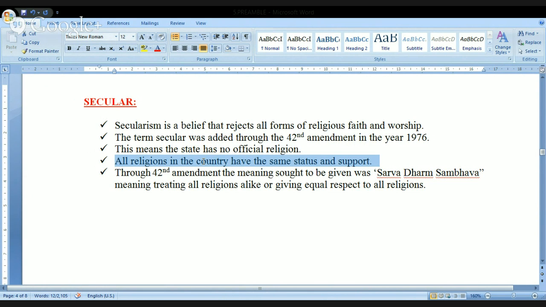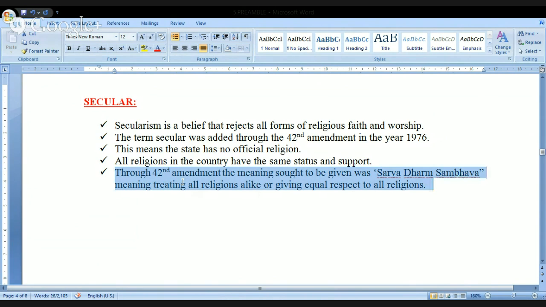The point is whether the state should stay away from the religion, or the state should give equal respect to all the religions. And finally, India decided to give equal respect to all the religions rather than staying away from religious concepts.